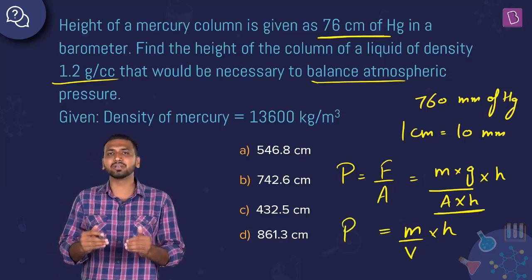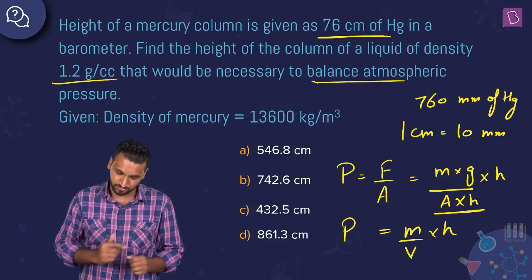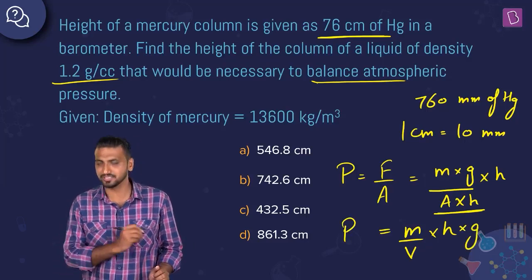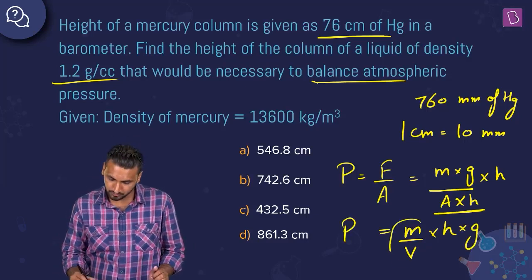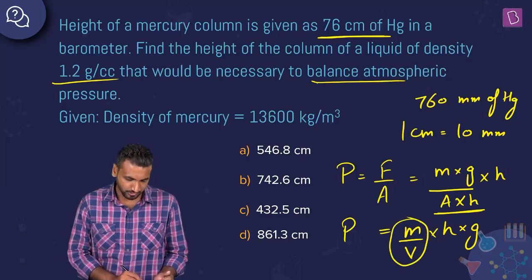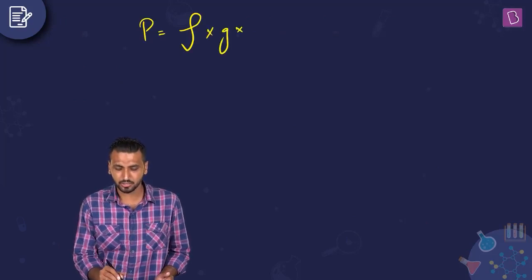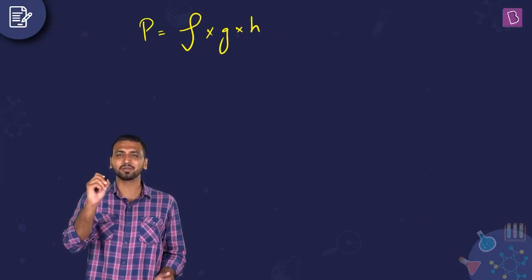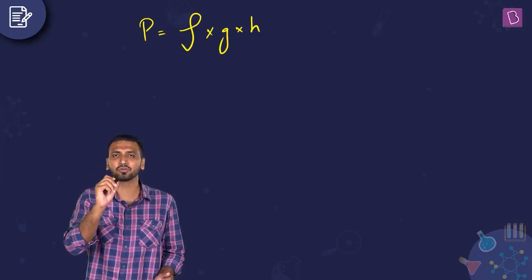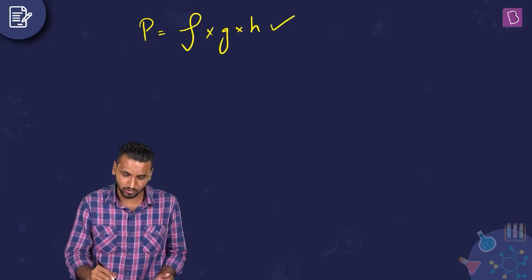Now mass by volume is density. And of course, G is there, right? So can I just write it as pressure is equal to density rho into G into H. And if you remember, we used to call pressure as rho GH or H rho G, right? That's what the formula is.